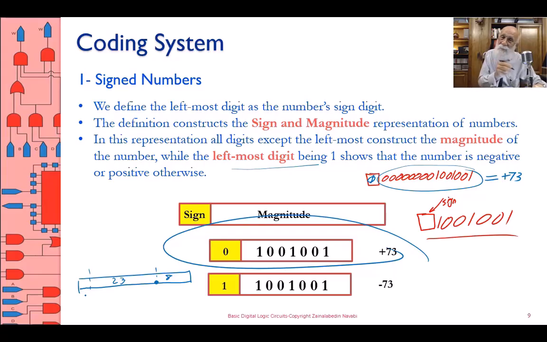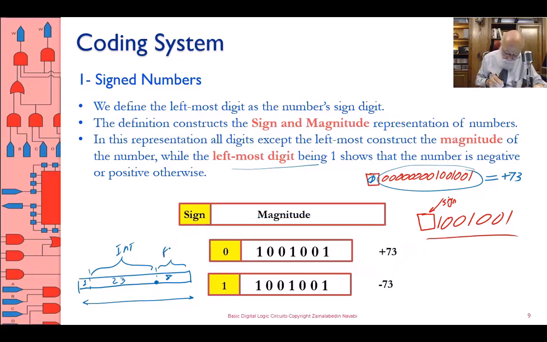And usually that is put on the left-hand side of the number. Okay, and therefore this is 23 plus 1 bit here. This is the integer. This is the fractional. And this is the sign bit. Okay.